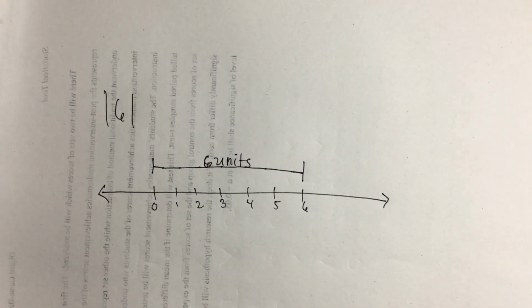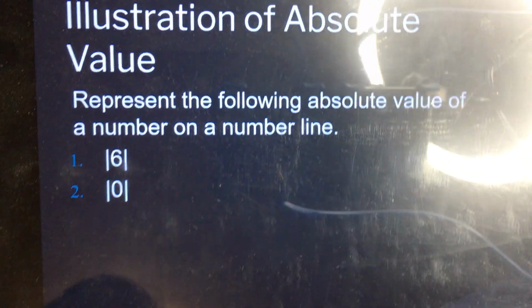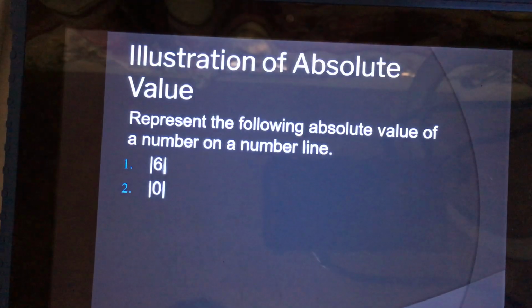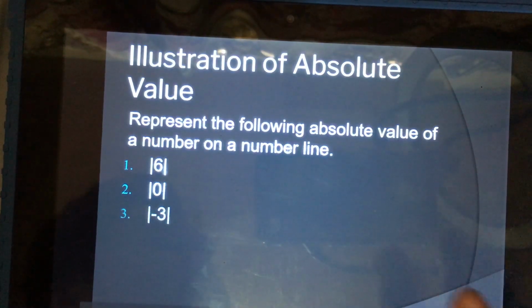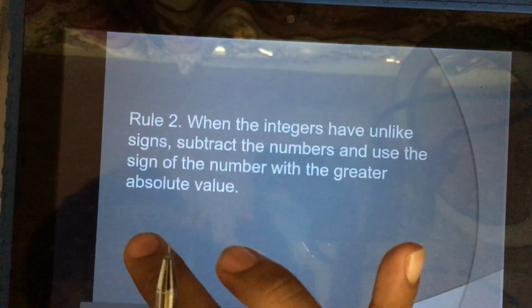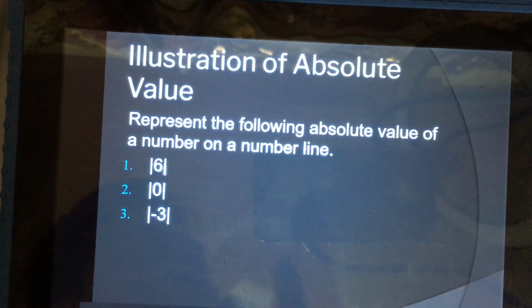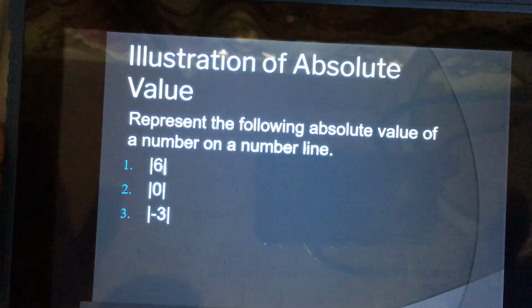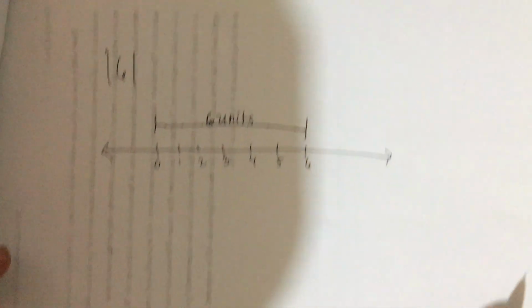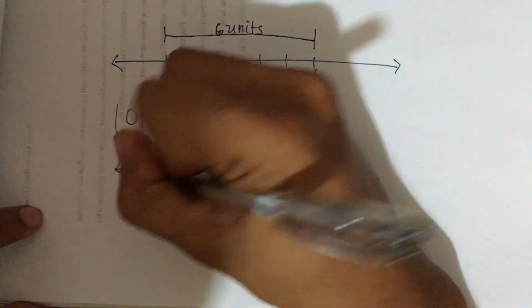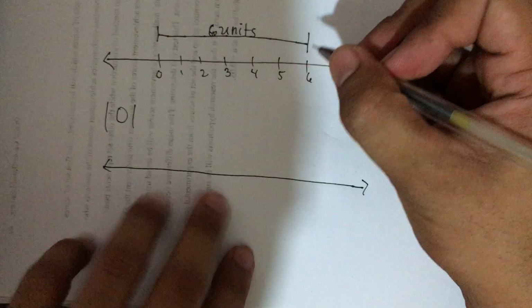Next, what about the absolute value of 0? As you can see on the screen, we have the absolute value of 0, negative 3, and so on. If we are going to write the number line, it should be like this, and the distance should be equal.